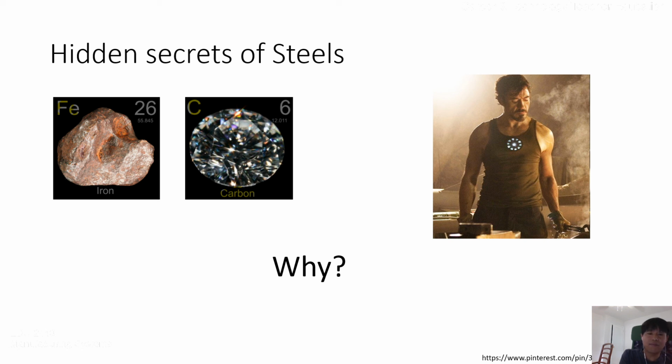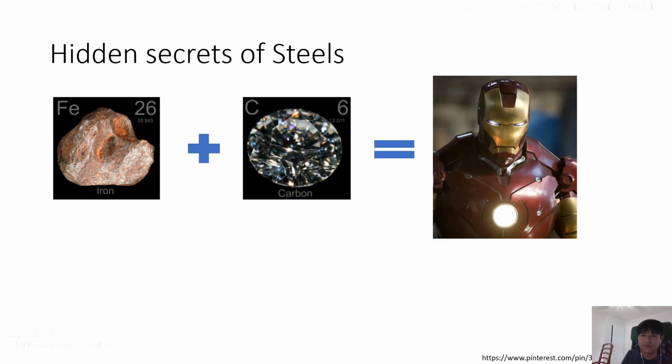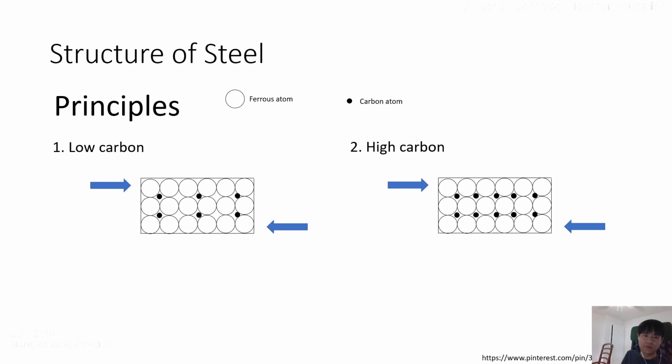Without combining with carbon, this iron is like this human. It's fragile. It's not strong. But just adding carbon to iron makes it more strong, like Iron Man. Why? I'm going to explain this. Let's look at this as a metal, where the big circles represent ferrous atoms and the small circles are carbon atoms.